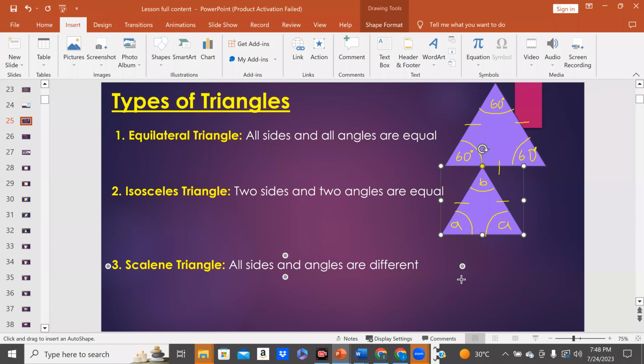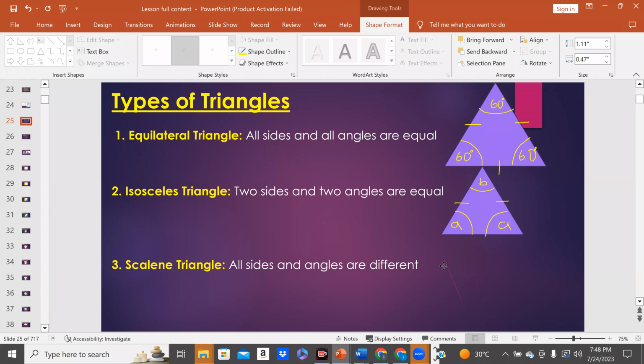So looking at something like this. Again, none of the sides are equal. So you can't say, oh, this side is equal. No, none of the sides are equal to each other, and none of the angles are equal to each other.